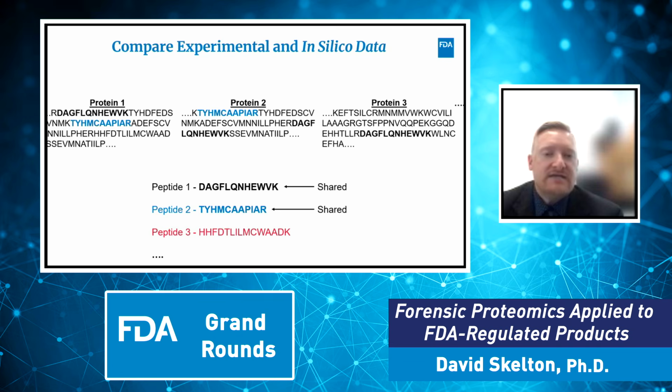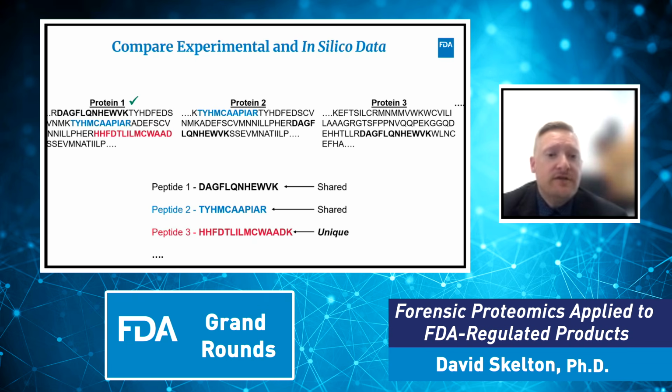So while they aid us in determining the sequence coverage, we don't really have any discriminatory power because based on just those two peptides, we can't distinguish which of the proteins they're coming from. So we can't say which of the proteins are in our sample.